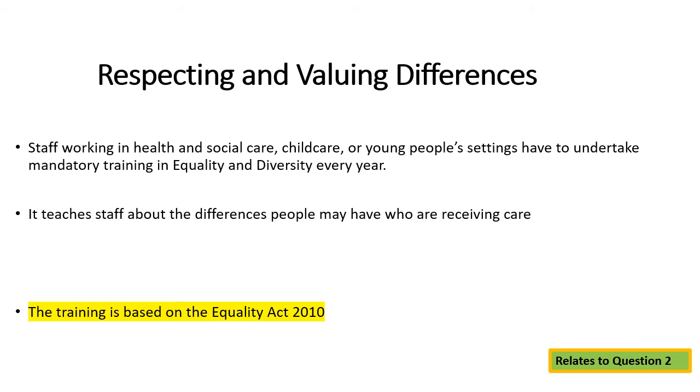It's really important because managers need to know their staff know how to treat people as individuals and follow the Equality Act. It teaches staff about the differences between the people they're caring for and the people receiving the care. The training is based on the Equality Act 2010, which I'm hoping by now you will have had a look at, and have a better understanding of what it actually is and what it means.